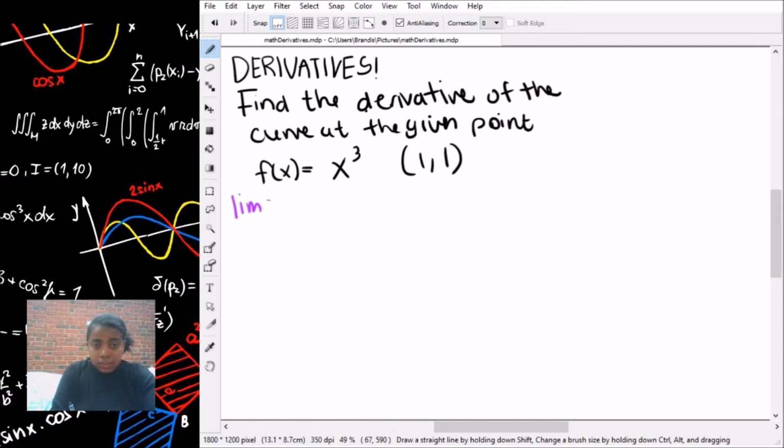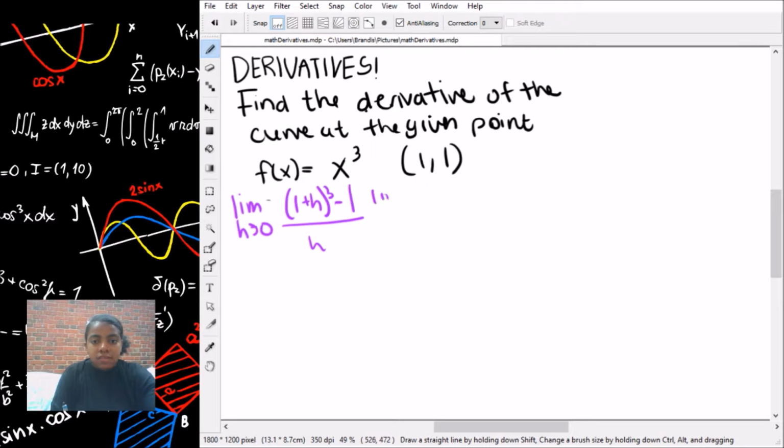So to take the limit as h goes to 0, we're trying to find f of 1 plus h, which is 1 plus h cubed, minus f of 1, all over h.